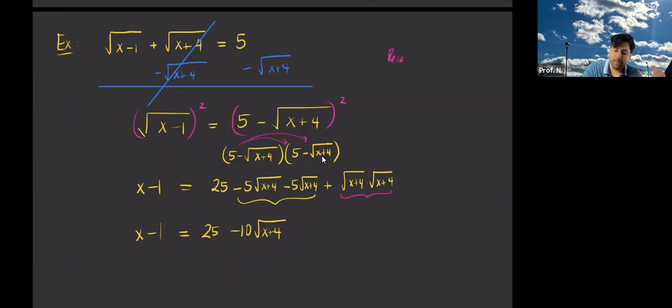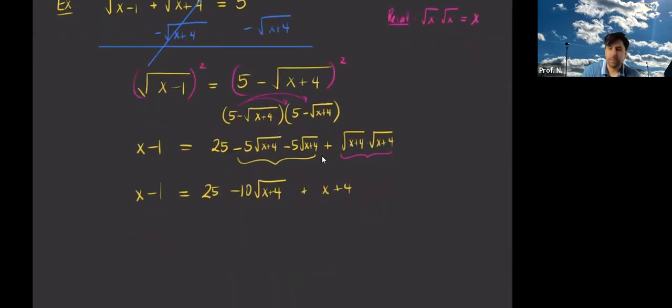So recall that the square root of x times the square root of x equals x. So the square root of x plus 4 times the square root of x plus 4 is exactly x plus 4. You can plug in anything. The square root of something times the square root of the same thing is that thing. So this is what I have.